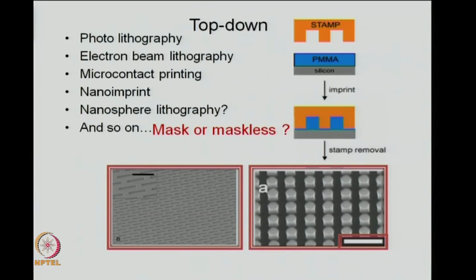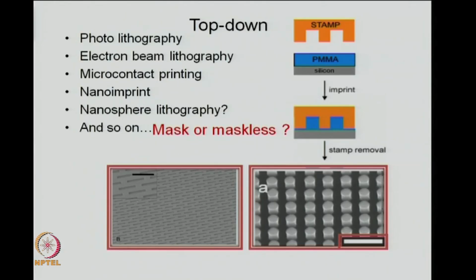In top down processes, you can have different kinds of lithography. You can have photolithography, where you are removing atoms from the surface using light, or you can have electron beam lithography, where you are removing atoms and material using electron beams.